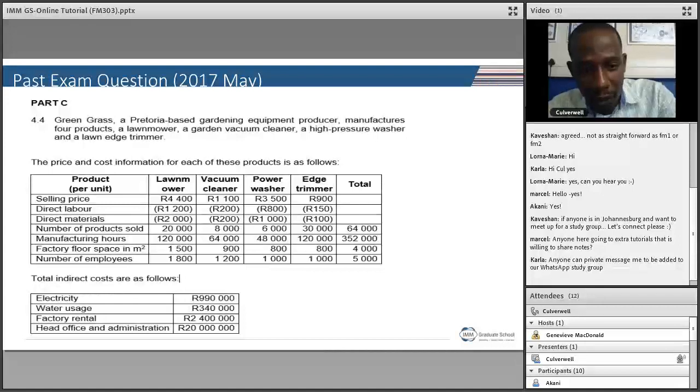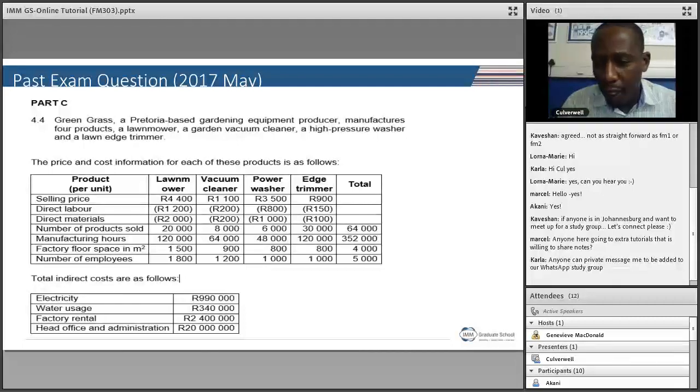Let's say when I was adding 1,200, 1,800, 1,200, 1,000 and 1,000, it didn't give me 5,000, but the total given there is 10,000. When it comes to cost driver allocation, which you're going to be doing together, you end up using the total incurred by the company, not only of the product that you are supposed to be analyzing.